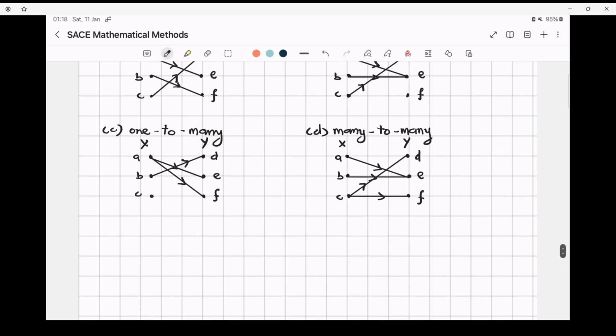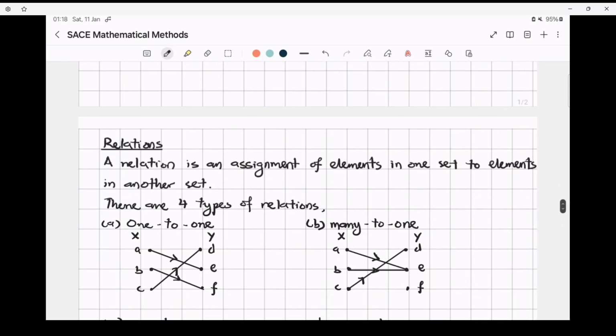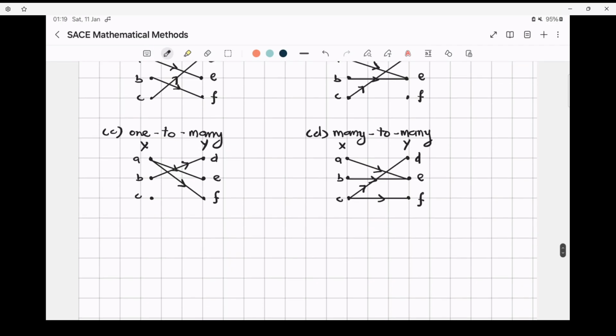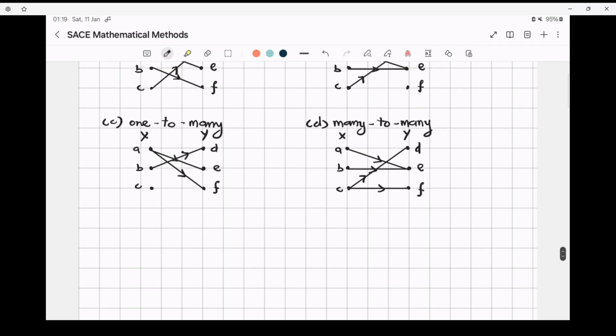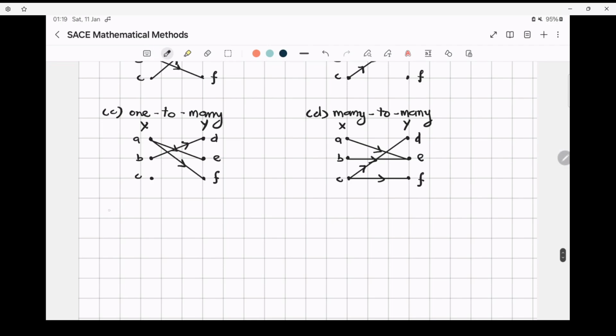Among all these four relations, only one-to-one and many-to-one, these two relations are functions.